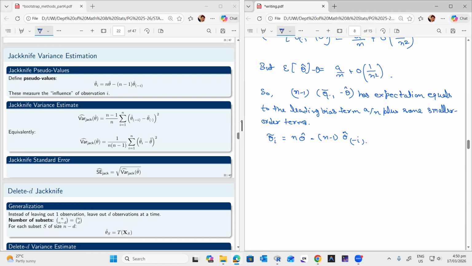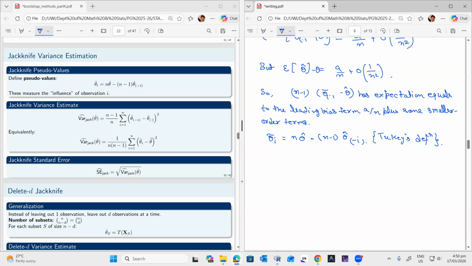All right. This is basically Tukey's definition. Here, theta cap is the estimator from the complete sample, and theta cap minus i is the estimator from the sample with the ith observation removed, and the sample size at that time will be n minus 1.